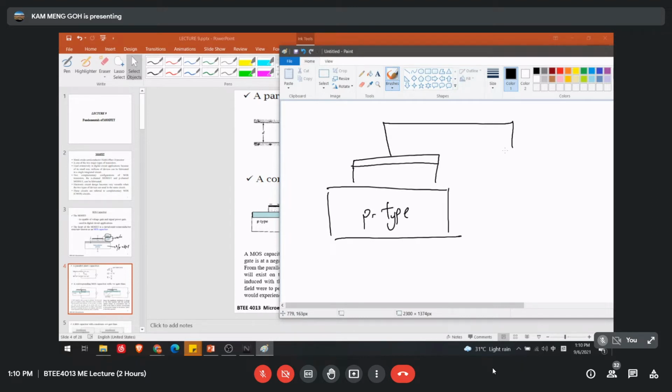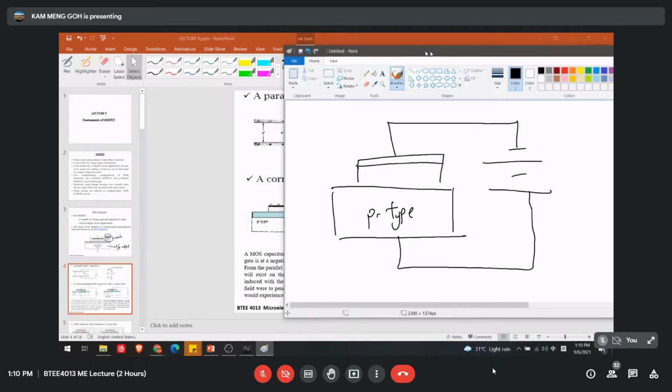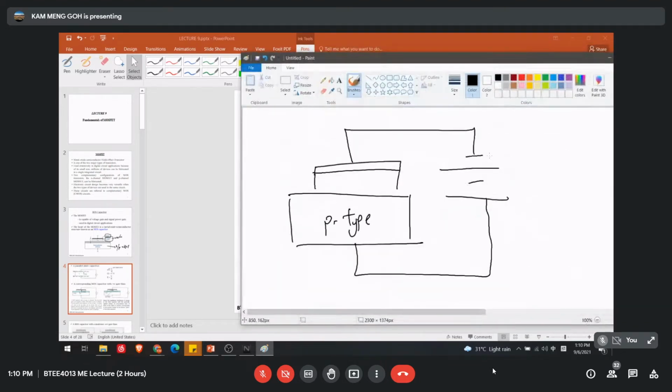Then you connect one side to the negative and another to the positive. If you connect this way, negative electrons will gather around here, but the positive charge will come into here. Whenever you see the positive and the negative, in between there will be a layer of capacitance.